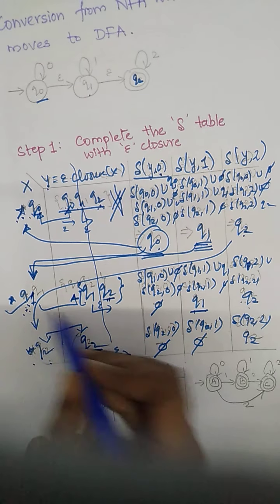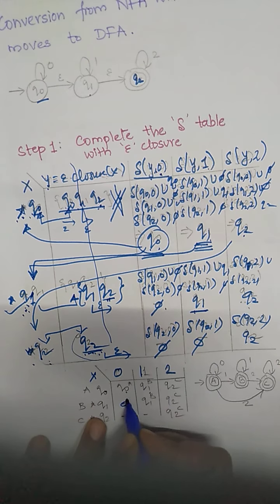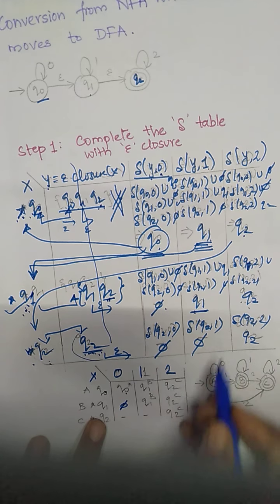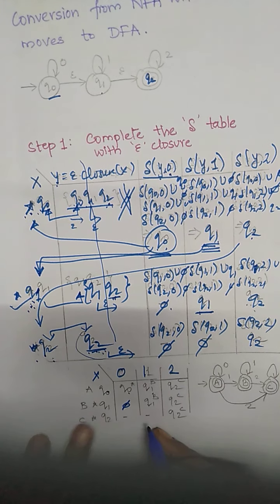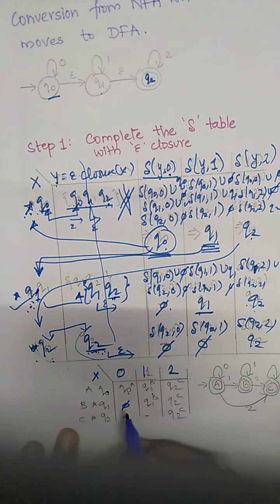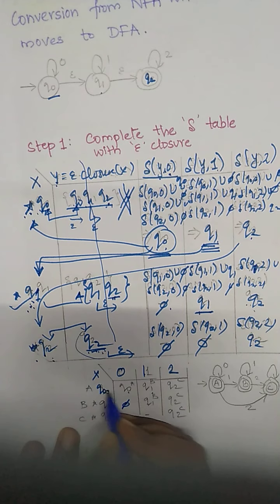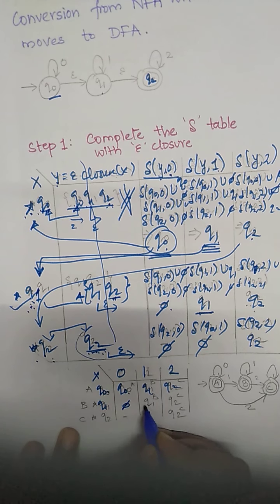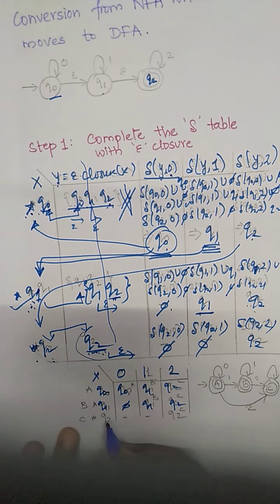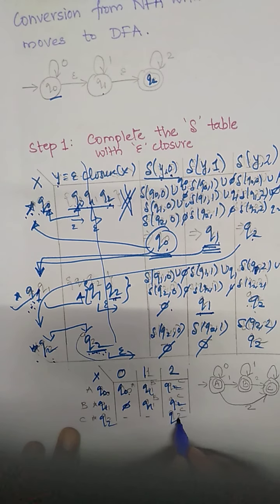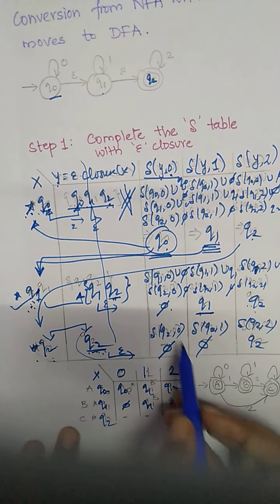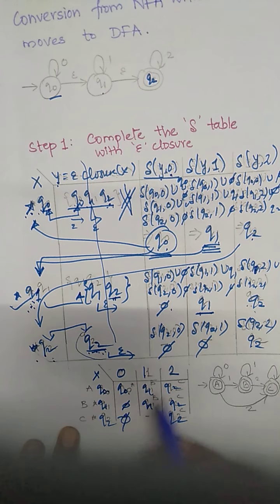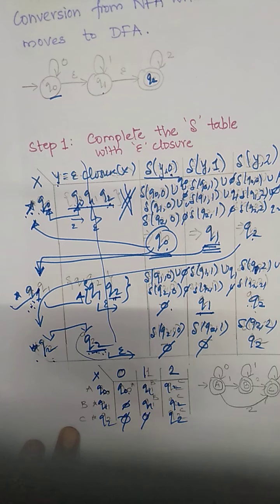Similarly, Q1 on 0 goes to nothing, on 1 goes to Q1, on 2 goes to Q2. Okay. Similarly, Q2: here we can write Q0, Q0, Q1, Q2. This is Q1, Q1, Q2. This is Q2 and Q2. So Q2 on 0 goes to nothing, on 1 goes to nothing, and on 2 goes to Q2.